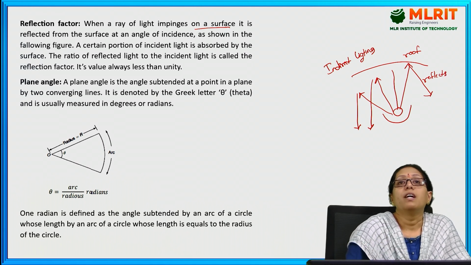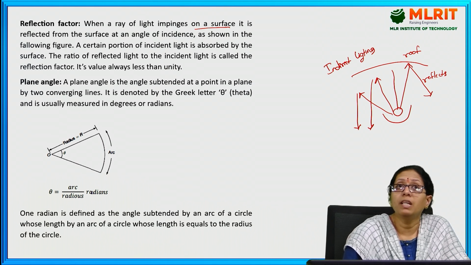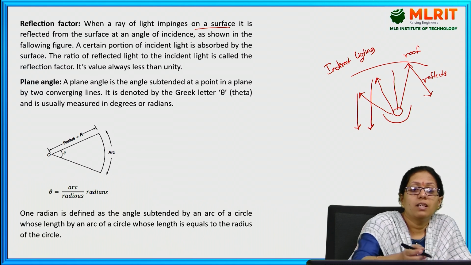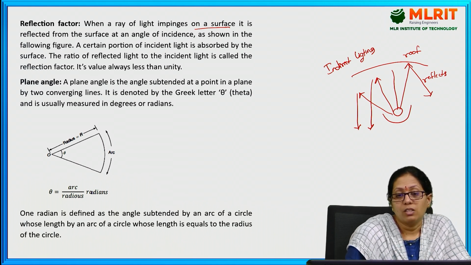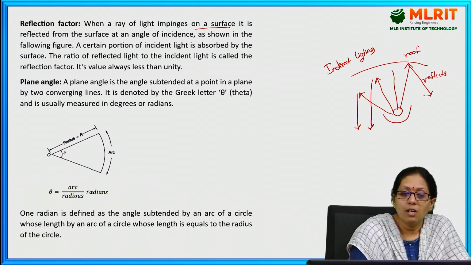So the reflection factor is nothing but a measure of the amount of light which is being reflected from the roof. So you can say when the ray of light reflects on the surface, it is reflected from the surface at an angle of incidence.